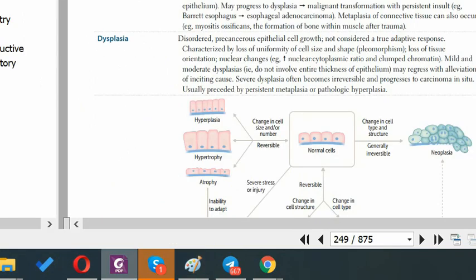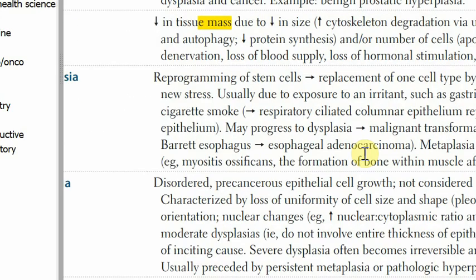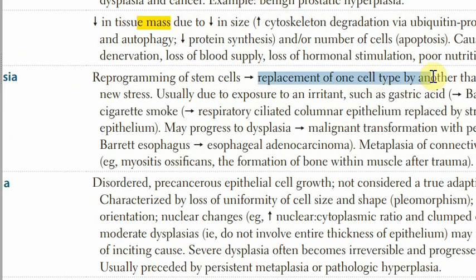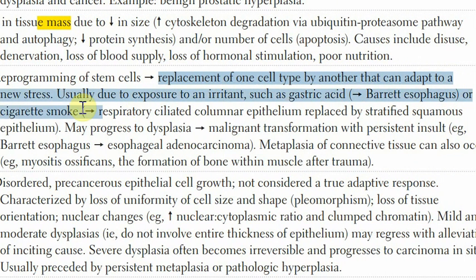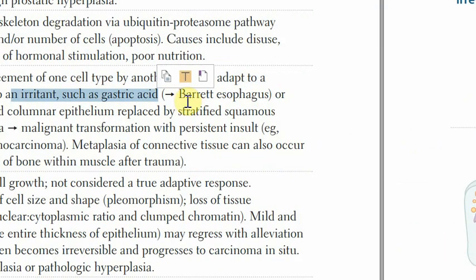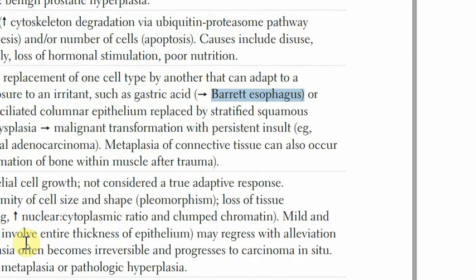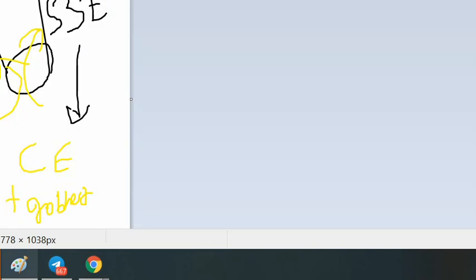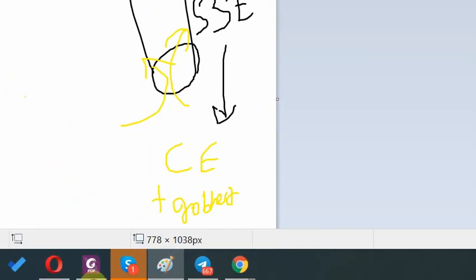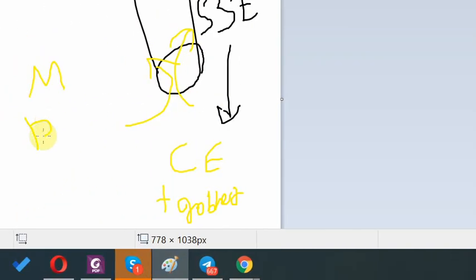So, okay, moving back. Reprogramming of the stem cells, we replace one type of cell with another to adapt to the new stress, the acid in our example. It's usually due to exposure to an irritant such as gastric acid in the case of Barrett esophagus. So the example I just gave you is an example of metaplasia, which is exactly Barrett esophagus.